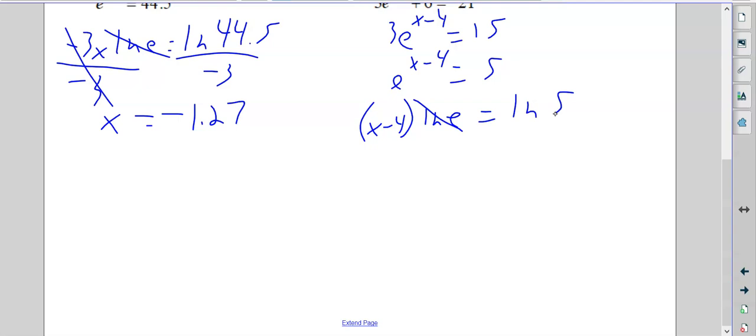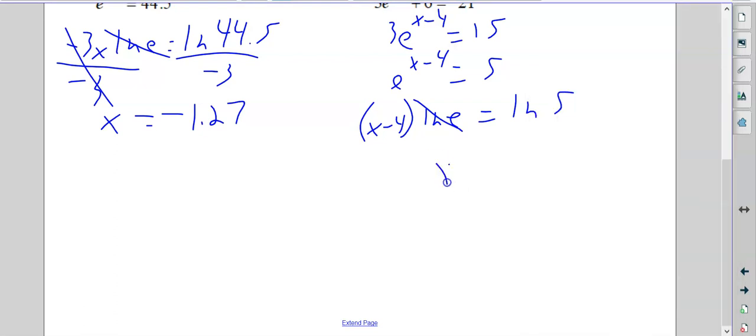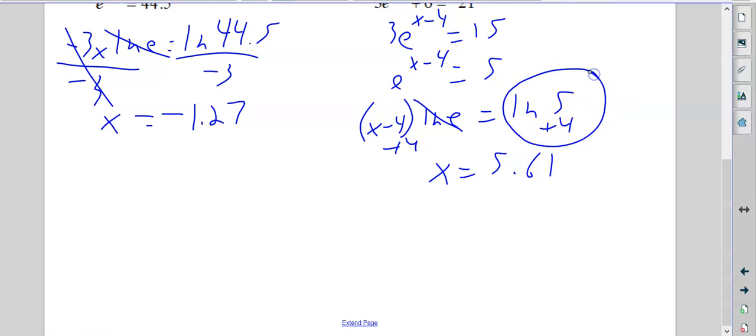Now again, our next step is going to be to add 4. So you can type that in if you want, or you can just type in ln of 5. Like that. And then do plus 4. So 5.61. Okay, so all we did was we added 4 to both sides and just typed this into the calculator. And that's it.